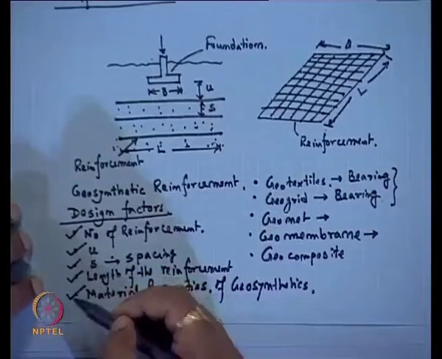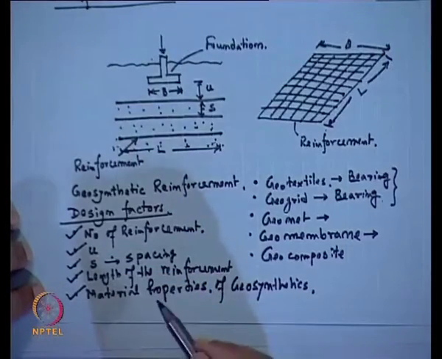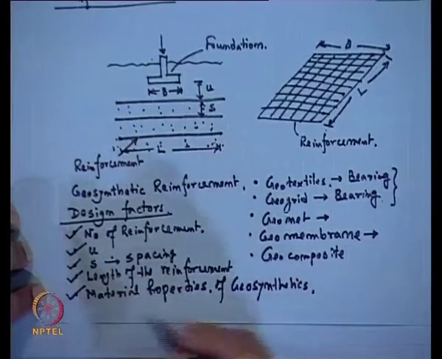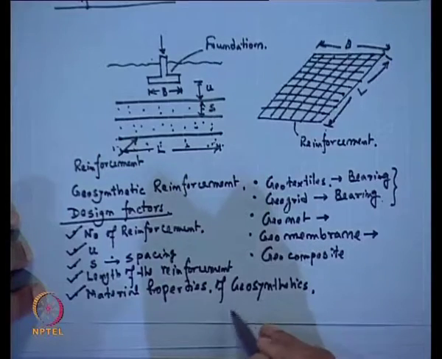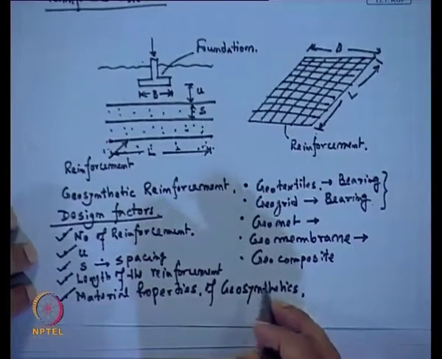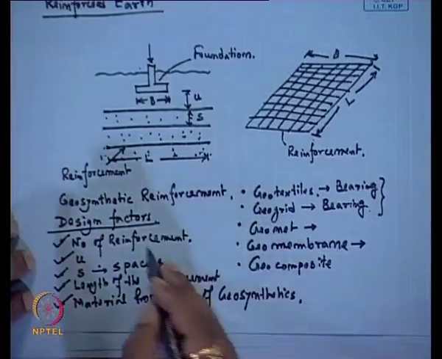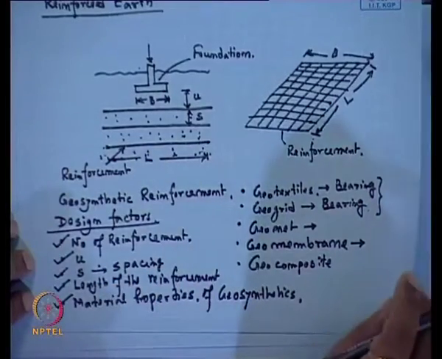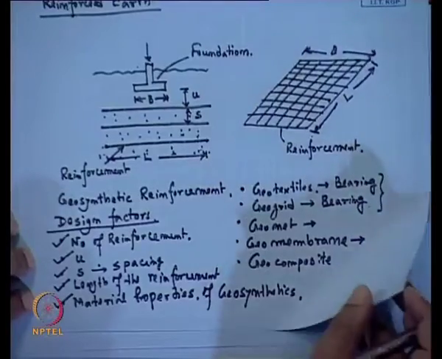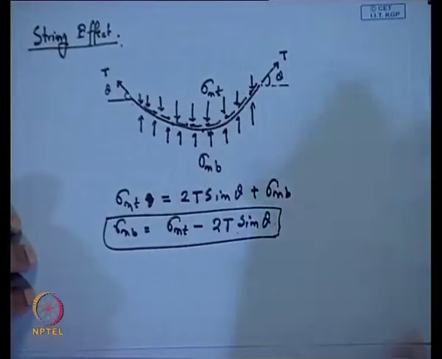Then the spacing, the placement of the top reinforcement layer, the length of the reinforcement, and the properties, that is how much tension T the reinforcement can sustain within the induced tension. Those things you have to check when you design reinforced earth. So, this is a very important issue we are talking about, the reinforced foundation, that is, foundation on reinforcement.